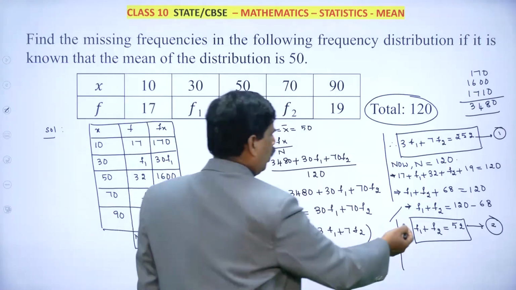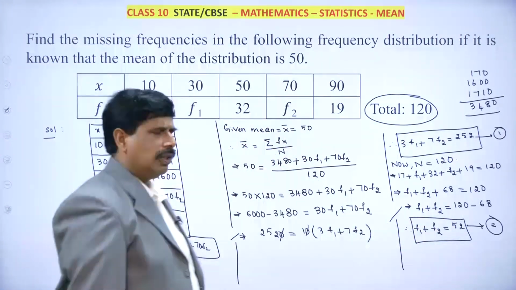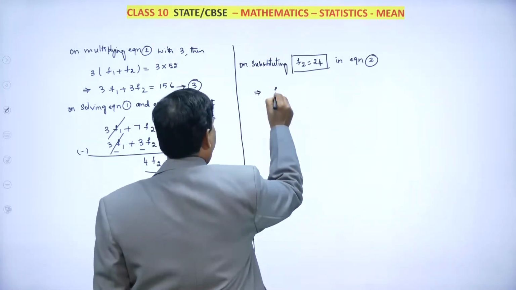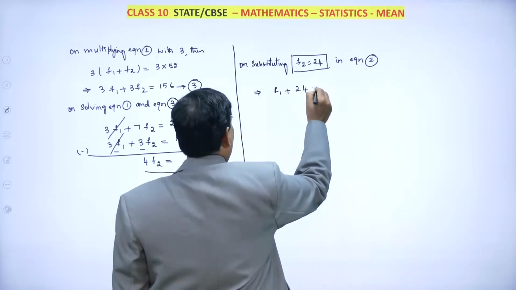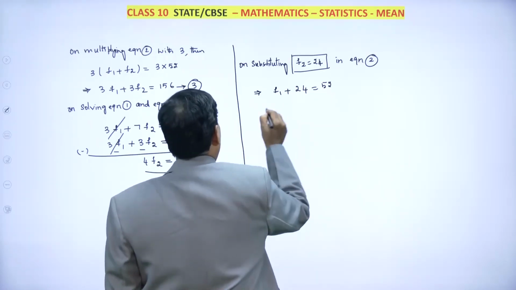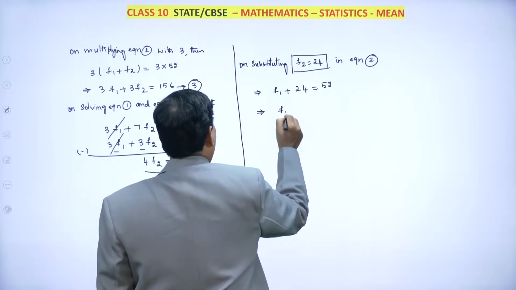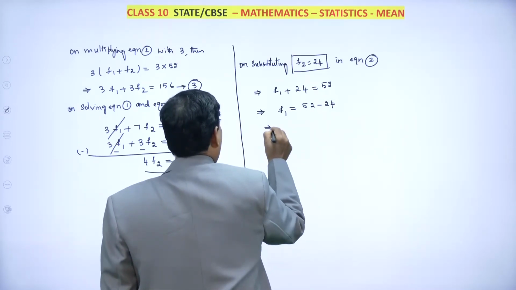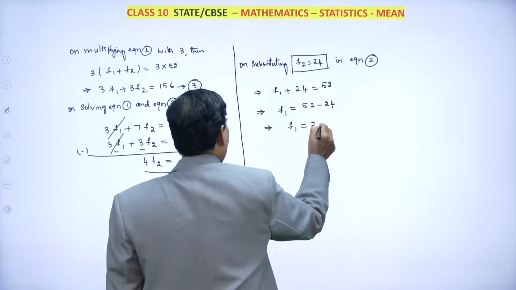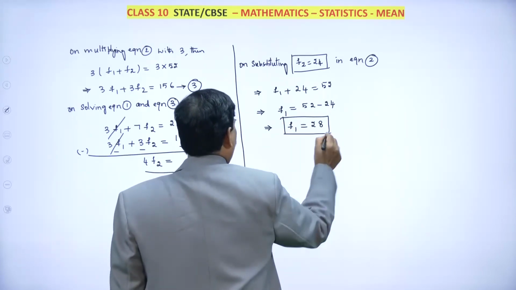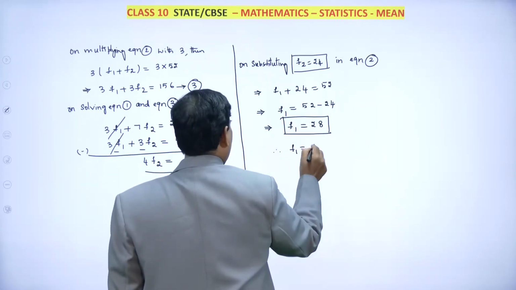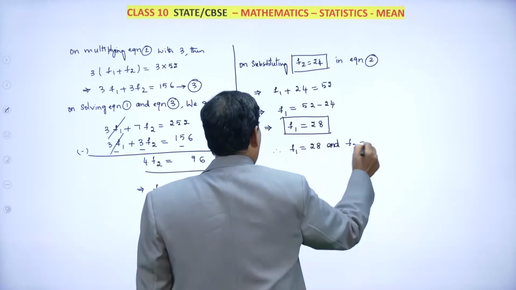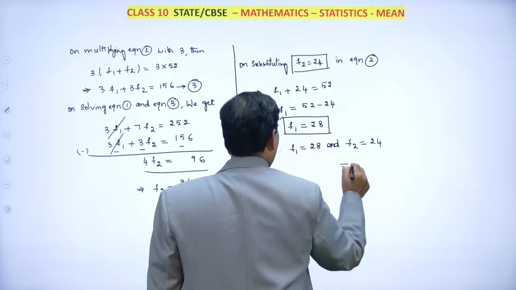Here is your equation 2. f1 plus f2 is equal to 52. So substitute your f2 as 24. So f1 plus 24 is equal to 52. Now transpose this 24 to the other side. Then f1 is equal to 52 minus 24. So we will be getting f1 is equal to 28. So therefore the missing frequency is f1 is equal to 28 and f2 we got it as 24.